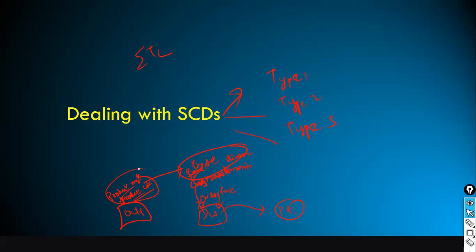We take all the columns from these tables and combine them in a single table. It is not necessarily two tables, sometimes three tables. For a single dimension table, the data will be available in more than one table in your OLTP system. Okay, this is denormalization, fine.